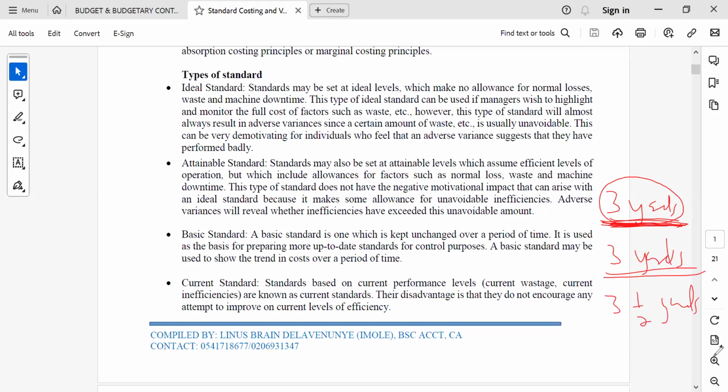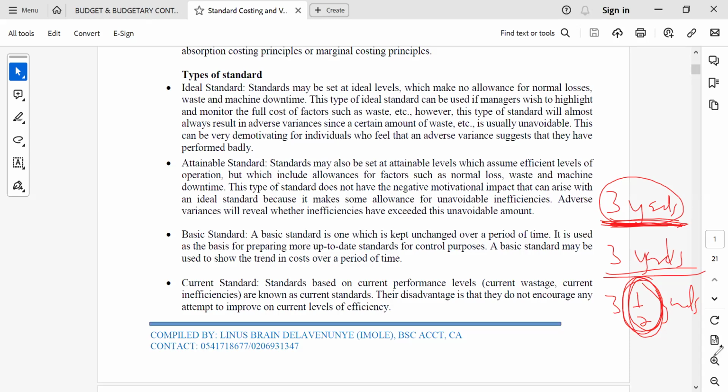Why are you buying 3.5 yards? You might make mistakes in the process. So if you make a mistake, the half yard will cover the mistake. So a standard that is being set under a normal working condition, where there is room for mistakes, there is allowance for losses, that is what we call the normal standard.